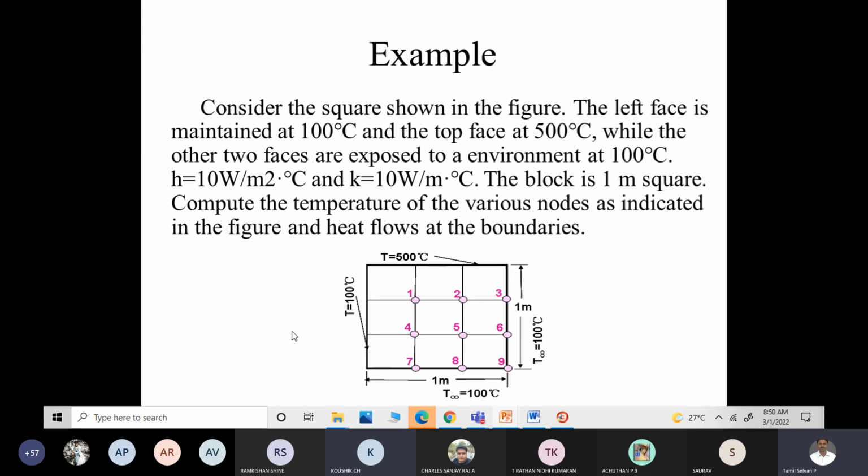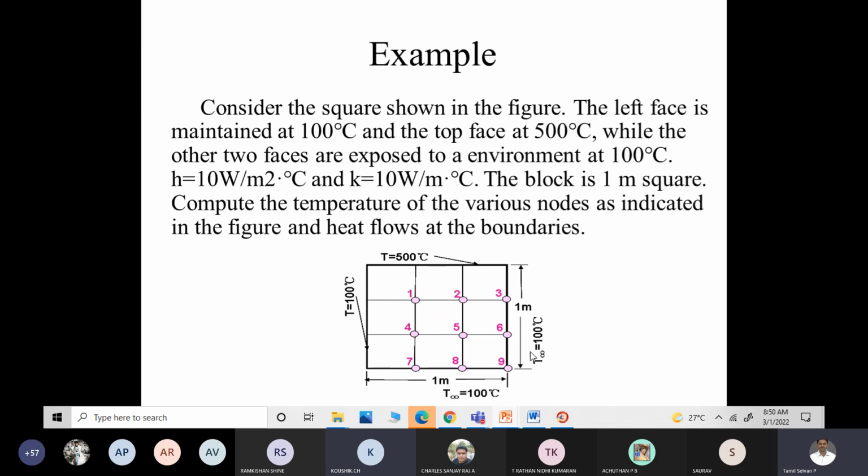Now usually the problem will be like this: T = 100 degrees C, T infinity = 100 degrees C, T infinity = 100 degrees C, T = 500 degrees C. So two boundaries are at fixed temperature, and two boundaries are convection boundaries.